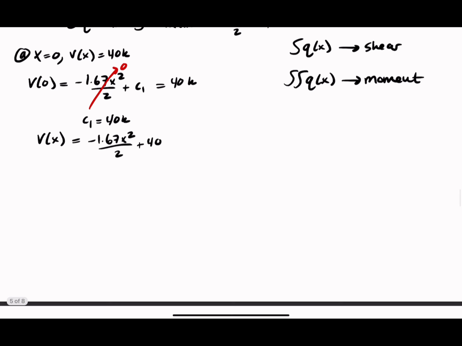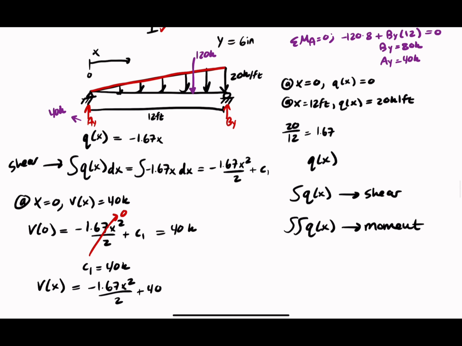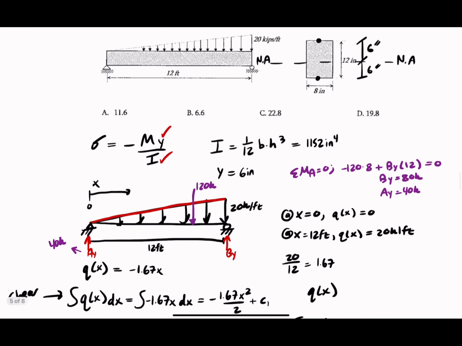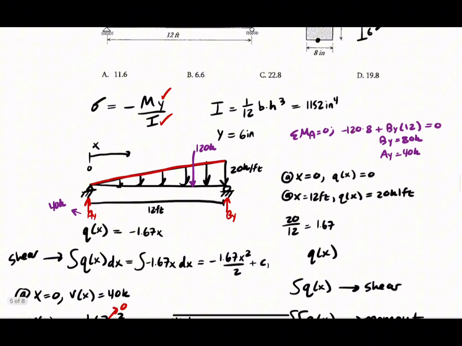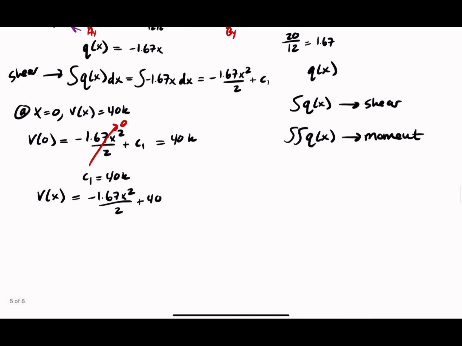Cool. Now, if we integrate one more time, we're going to get our moment equation, which helps us a bunch because we need the moment to be able to solve for that bending stress, right? So let's integrate one more time and see what happens.